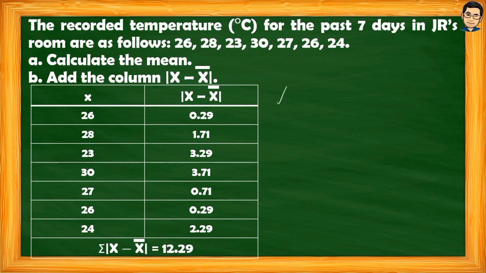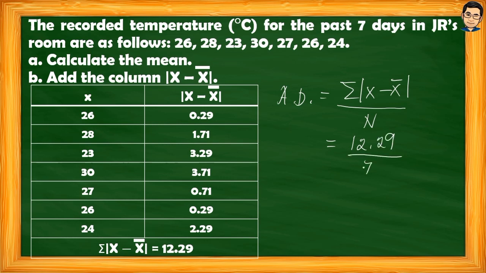So, apply natin yung formula. So, average deviation is equal to the summation of the absolute value difference of each score and the mean all over n. So, that is 12.29. And then, divide natin sa 7. So, 12.29 divided by 7.